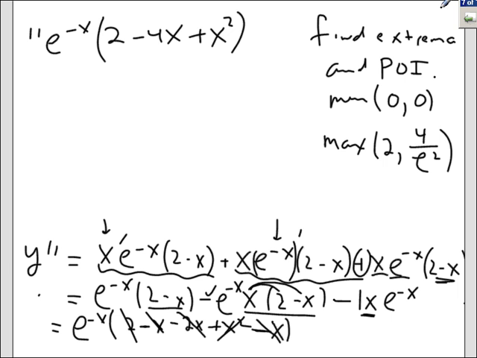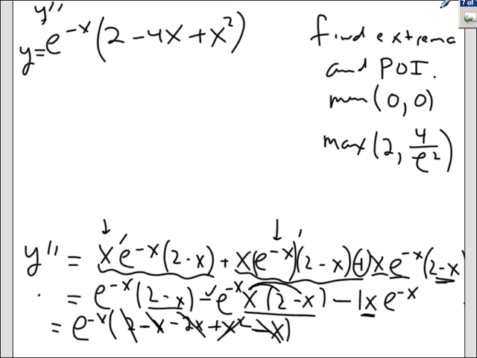Okay. And I don't know why the y prime didn't come out. Y double prime equals the next line. There we go.